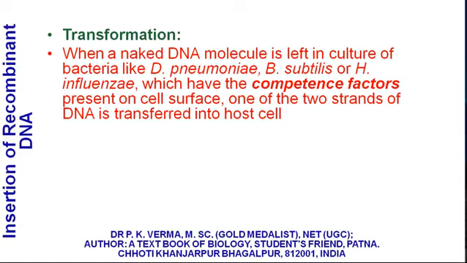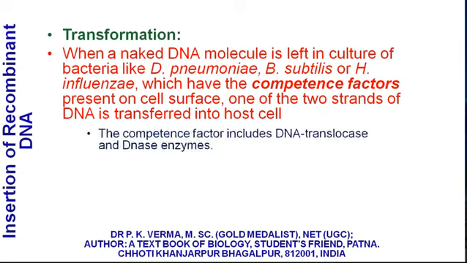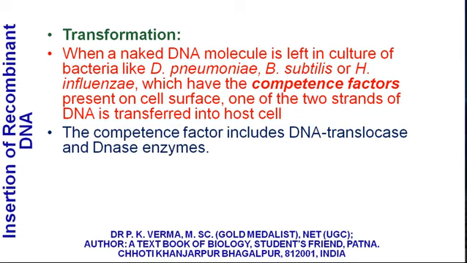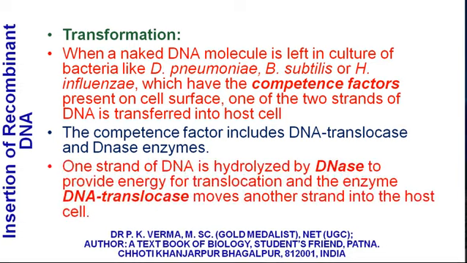which have the competence factors present on the cell surface, one of the two strands of DNA is transferred into the host cell. Other bacteria do not undergo the transformation reaction. The competent species have competence factors, and this factor includes DNA translocase and DNase enzyme, or the nuclease enzyme.